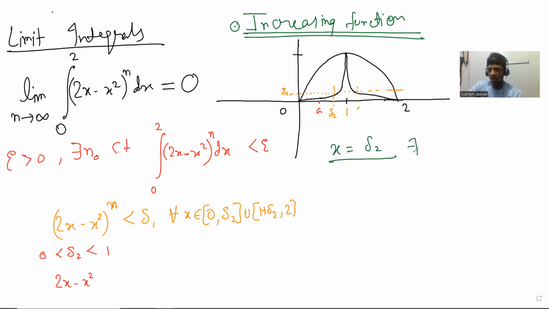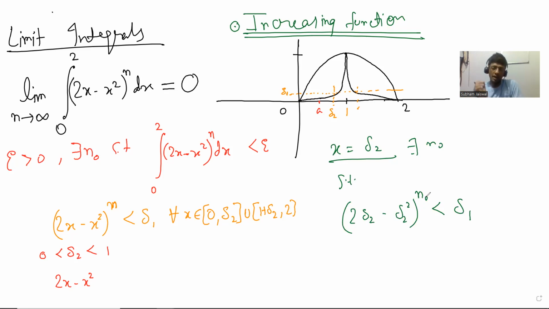So there is an n naught such that this is less than delta 1. Can we do this or not? Because delta 2 is fixed.